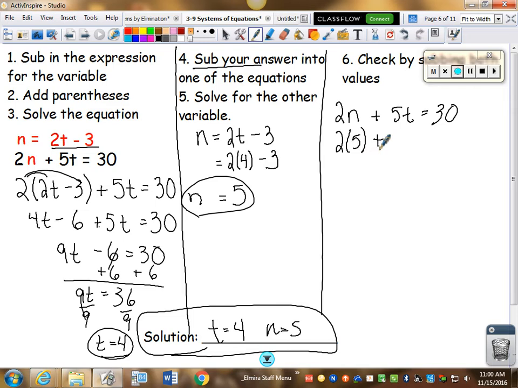You might be subbing in a different order than you solved. And t was 4. So 2 times 5 is 10. 5 times 4 is 20. 10 plus 20 is 30. These match, they tell me it's correct. You can also sub into the other equation, but I don't make my kids do that.